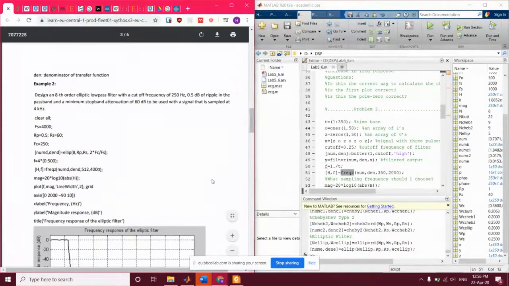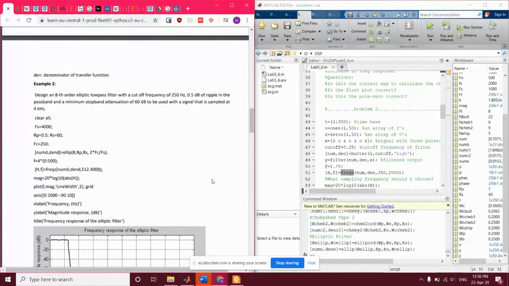512 means how many points I would like my frequency response to have. Here I wanted my frequency response to have 512 points. Do you remember FFT? We gave the FFT of, for example, our signal, and we told it how many points to use to calculate the FFT. This is the same: we say how many points to use to calculate our frequency response.